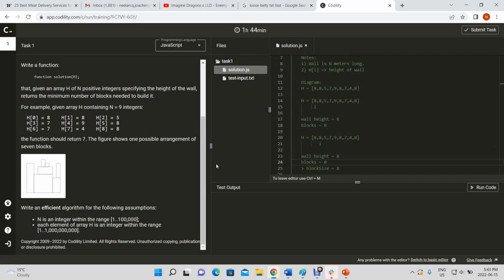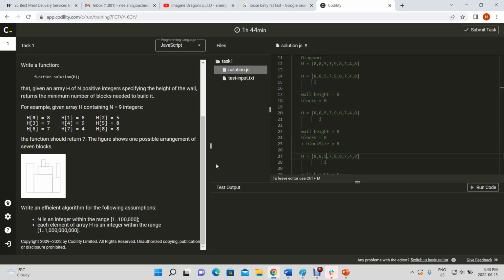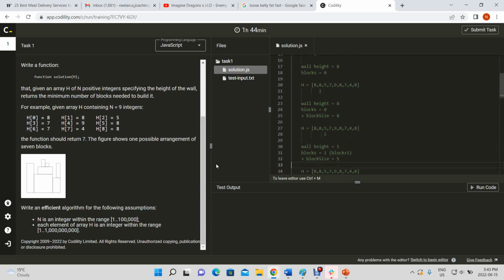Here it's still 0. Then it's a 1. Here the wall height is a 1 and we had a pop. So the wall is a 1.